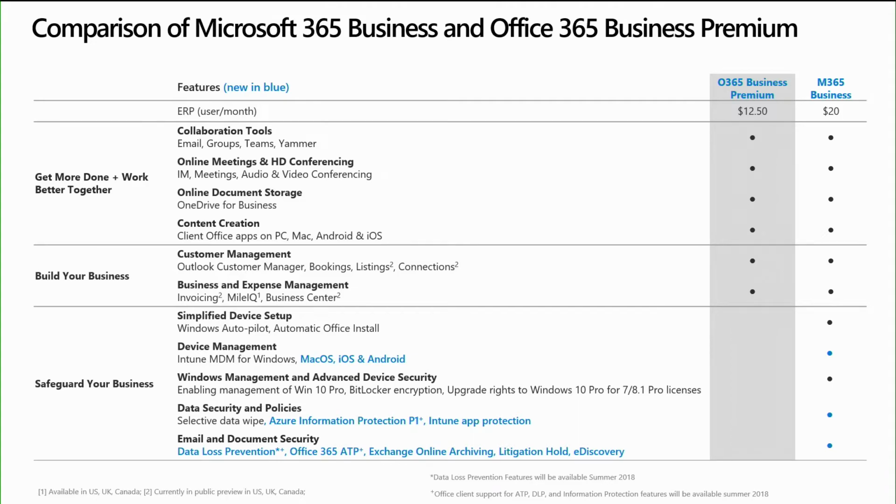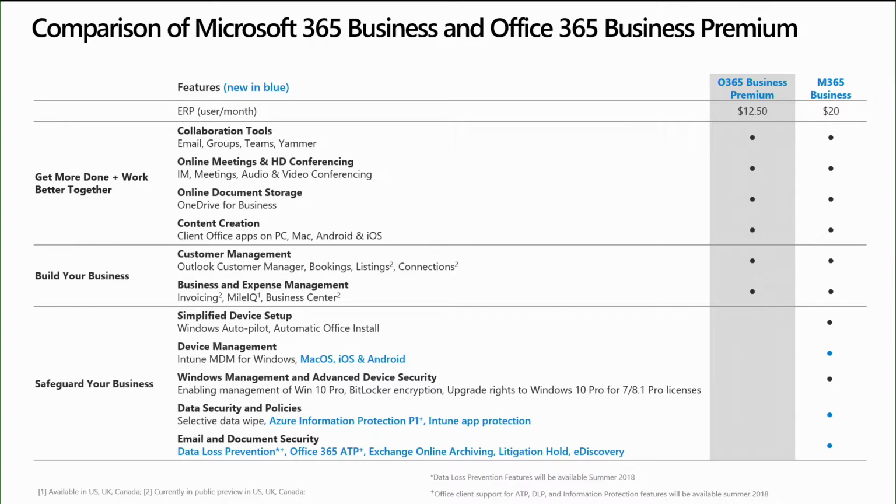It also helps you encrypt outgoing messages as well. So you get all of those Azure Information Protection capabilities. Plus, you get the ability to classify and label data as well. You also get Intune app protection, which helps you put restrictions on cut, copy, paste on mobile devices as well when you're using the Office app.